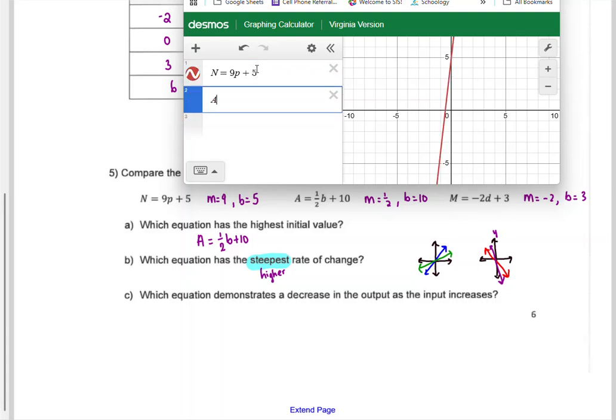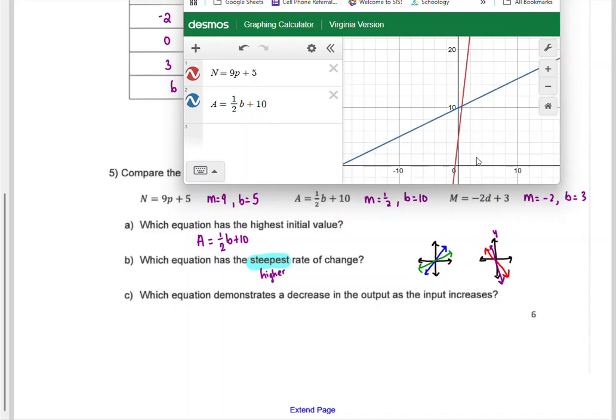The next one is a equals 1/2 b plus 10. Okay, getting something. And then the last one is, where's my other graph? Right here. M equals, just copying it just the way it is, negative 2d plus 3.